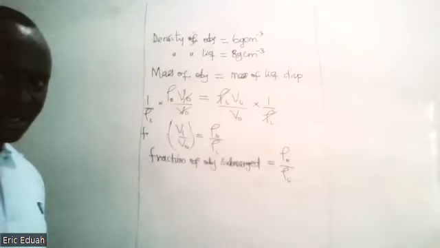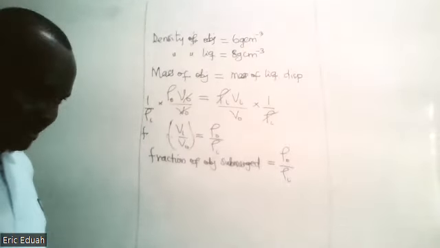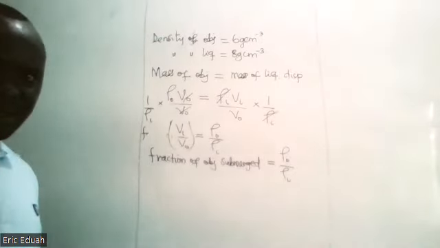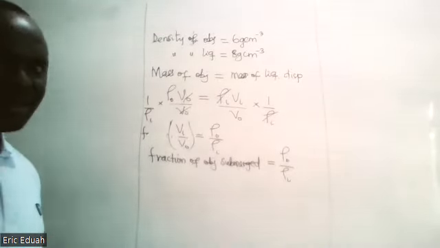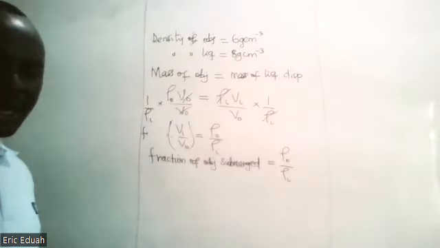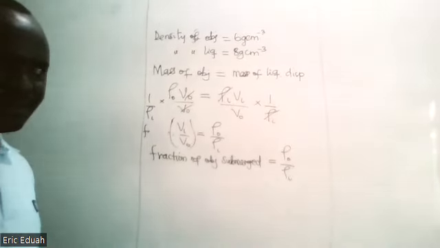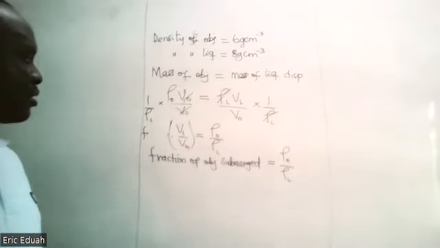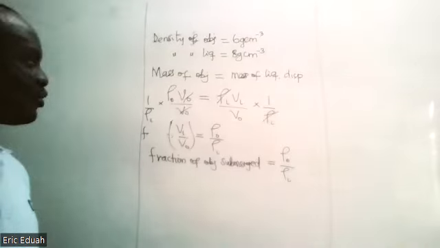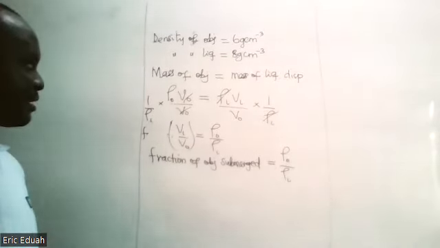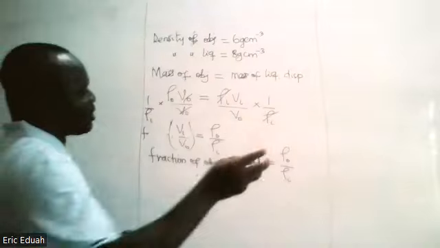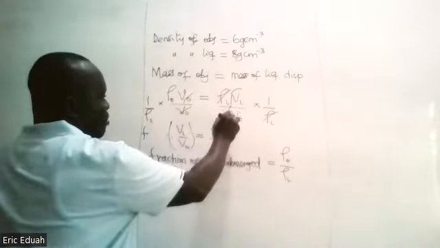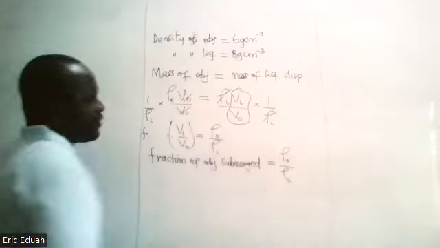Please, I didn't get why you multiply both sides by 1 over rho L. I did that because I'm looking for the ratio of volume of liquid displaced over the volume of the object.